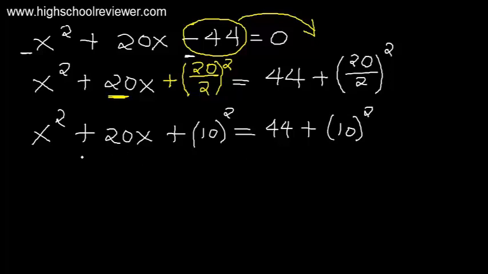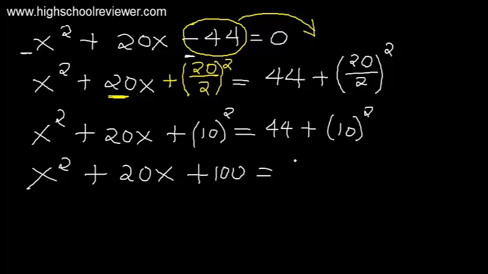Now x squared plus 20x plus 10 raised to 2, that will be equal to 100. And then we will have here 44 plus 100. x squared plus 20x plus 100.